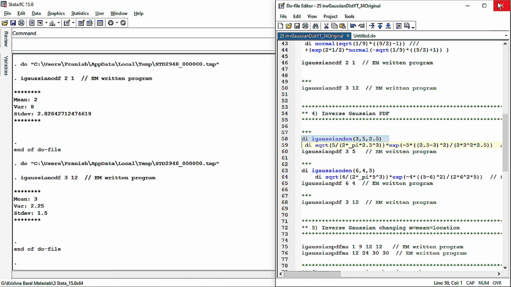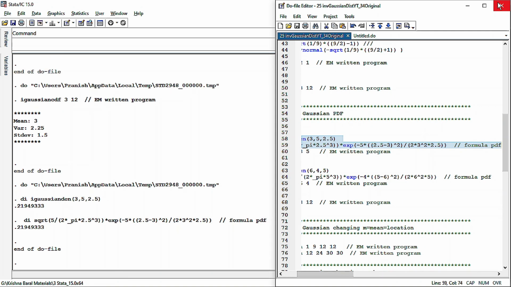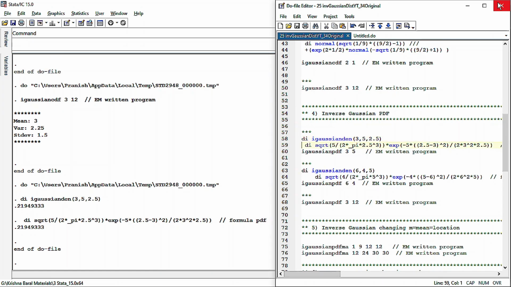Both of them should yield the same result. So this will give us the probability of getting exactly 2.5. The value of x is 2.5, and by this probability we will construct the inverse Gaussian PDF.